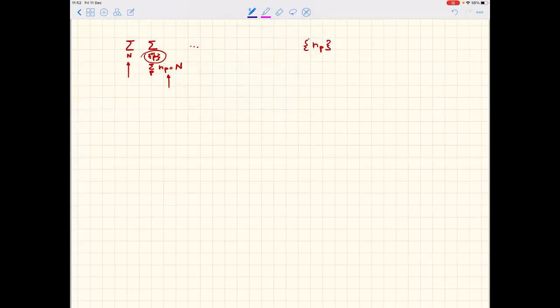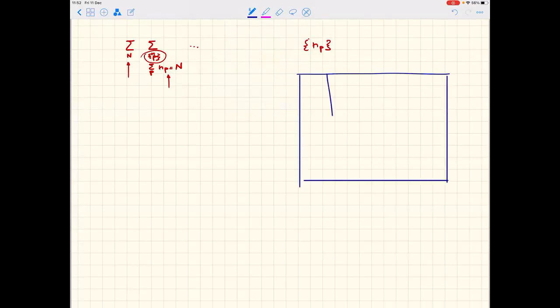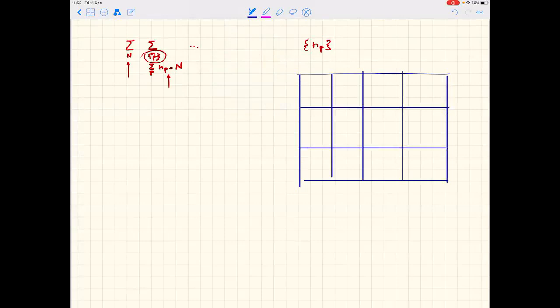Then you're dividing this set into the ones for which the sum over n_p is equal to 1, equal to 2, equal to whatever, N. Then you're performing the summation inside each, and then you're summing over all possible boxes, right?